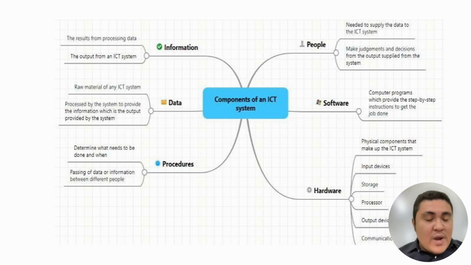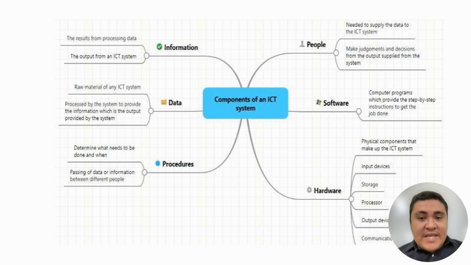The second to the last one is what you call information. These are the results from processing the raw data as mentioned a while ago and are considered as information for ICT systems. And then you also have here the procedures. So if you notice, I mainly talk about communication in ICT because that's one factor that differentiates IT and ICT.